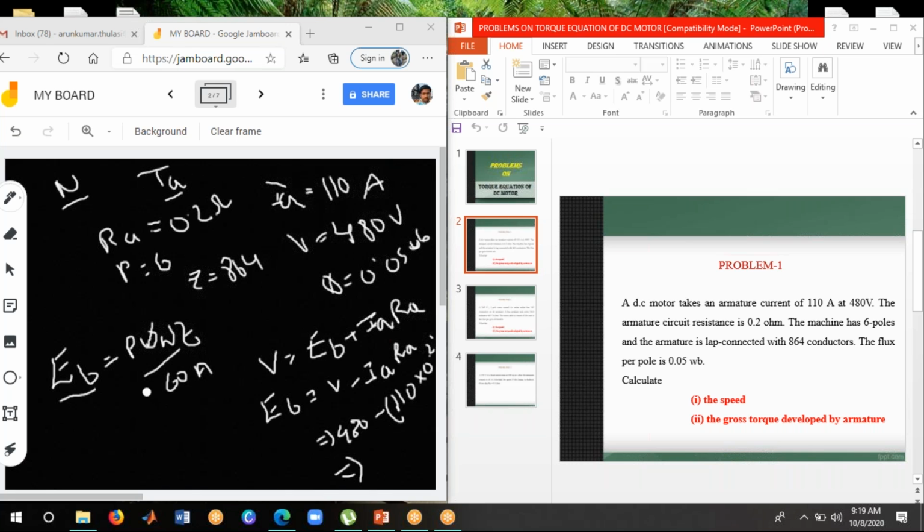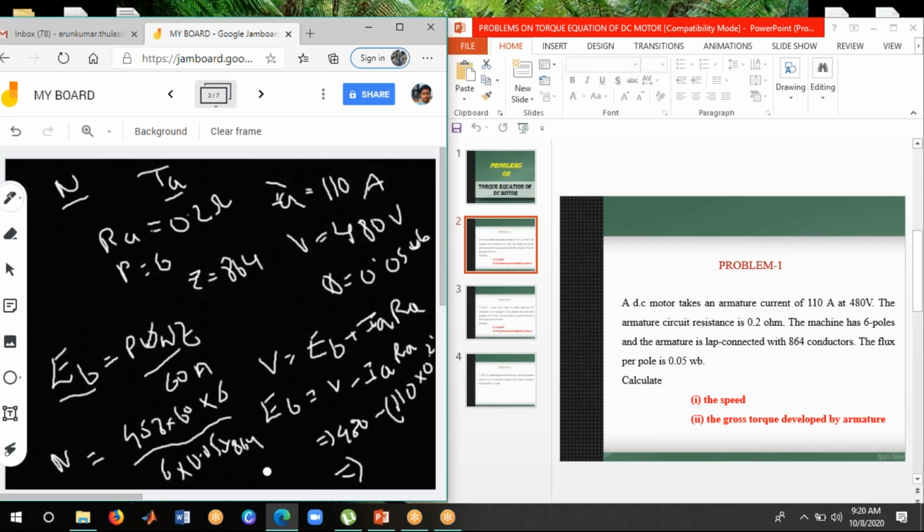Now from this equation I can write N is equal to 458 into 60 into the value of A. What is the value of A here? 6. Why? Because the given winding is lap, right? Divided by P, which is 6, into 0.05 into 864.